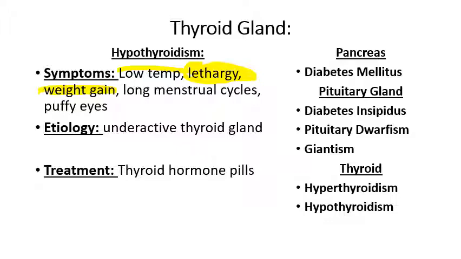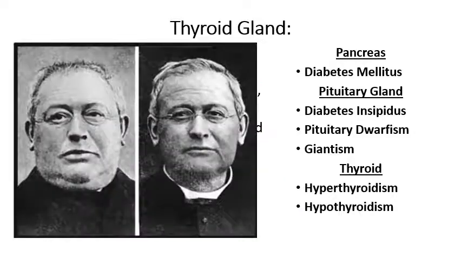If you're female, you have long, painful menstrual cycles, and the opposite of bulging eyes, you have kind of puffy eyes. And the etiology is that for whatever reason, you have an underactive thyroid gland. The treatment is you take thyroid hormone pills. Okay, so this is one of the first examples of taking thyroid hormone pills to be used as a treatment for hypothyroidism, right?